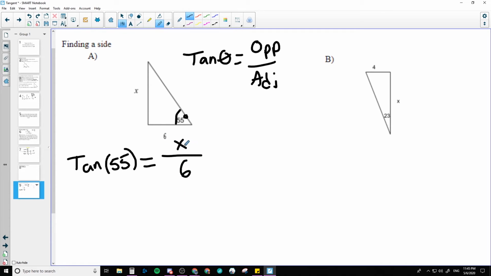Now our problem is we need to solve for x, right? 6 is connected to x through division, which means we need to multiply it across in order to get it over to the other side. So we're going to get x equals tangent of 55 times 6.